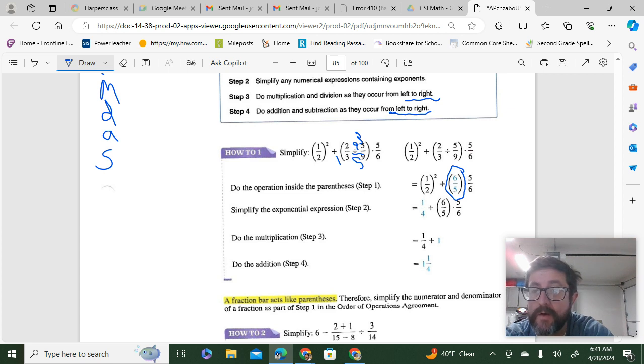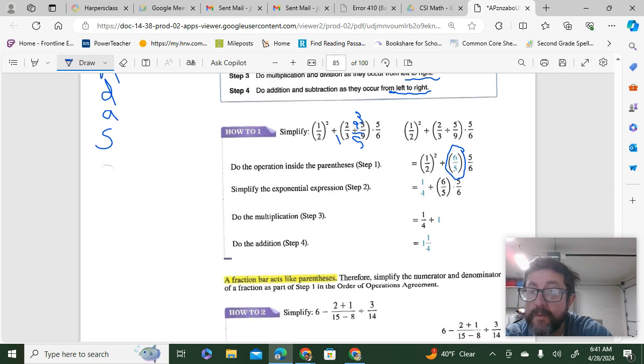So we take one half and we square it. So that is 1/4 plus, and they haven't done that part yet, 6/5 times 5/6.